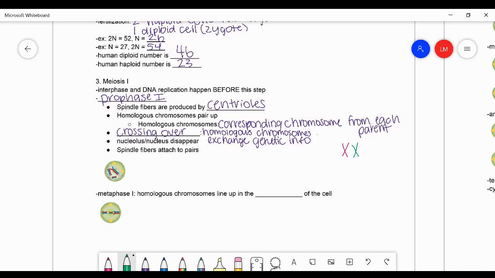And during crossing over, what happens is these homologous chromosomes are going to get really close together and they get all tangled up. And our end result of that is that the chromosomes will be like a combination of the two.